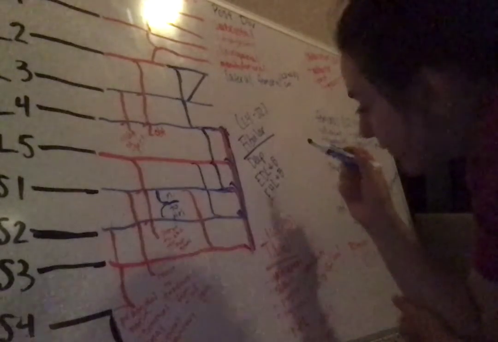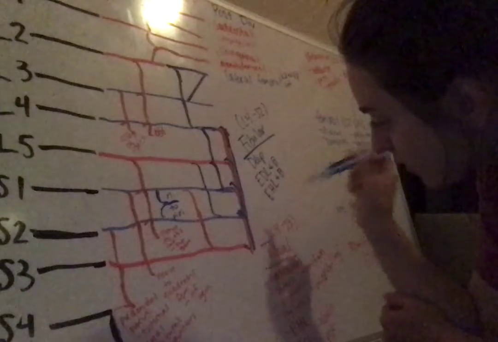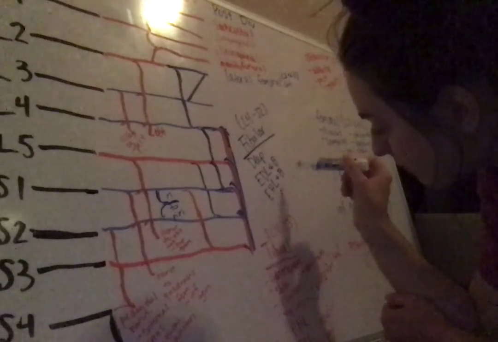Okay, so back to the fibular. We've got the extensor digitorum longus and brevis, the extensor hallucis longus and brevis, so that's 4.